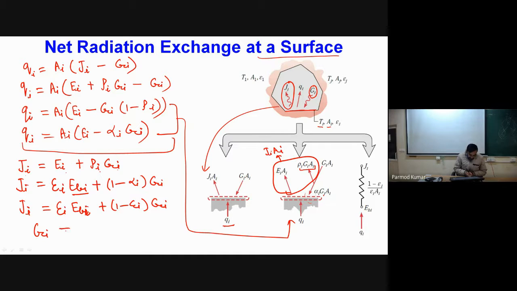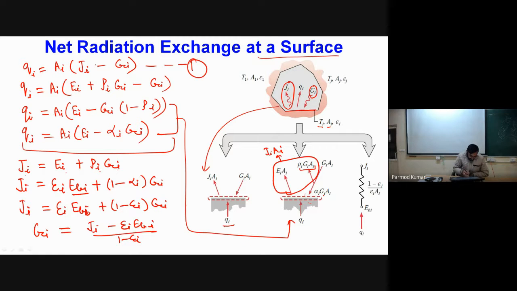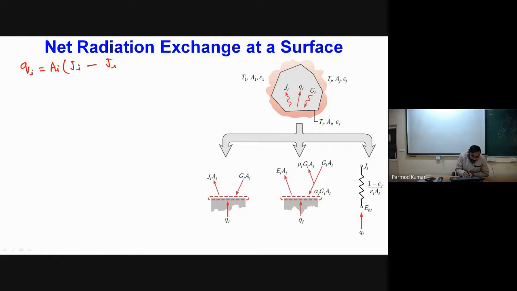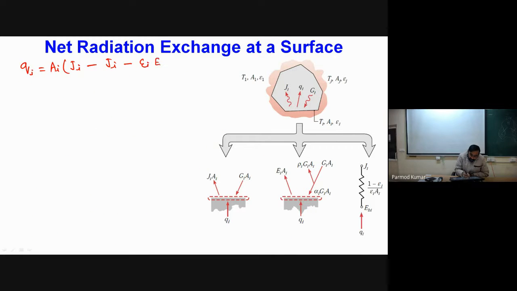From here, if I calculate Gi, it becomes equal to Ji minus epsilon i into Ebi divided by 1 minus epsilon i. And say this is my equation number 1. In equation number 1, now I will replace the value of this Gi. So if I do so, I will find Qi equal to Ai into Ji minus, in place of Gi, I will write this value: Ji minus epsilon i into Ebi divided by 1 minus epsilon i.